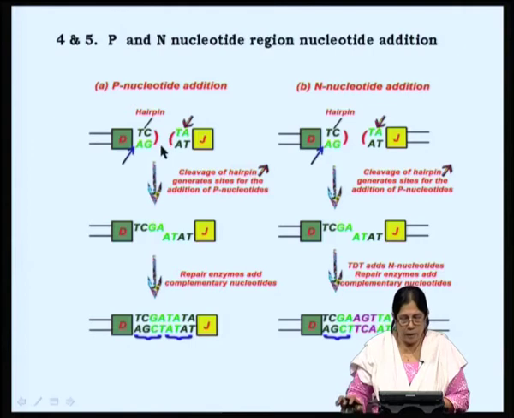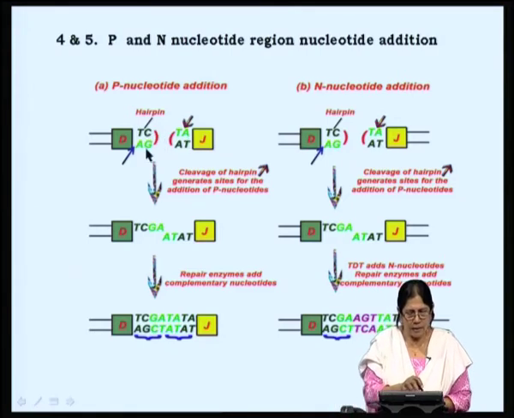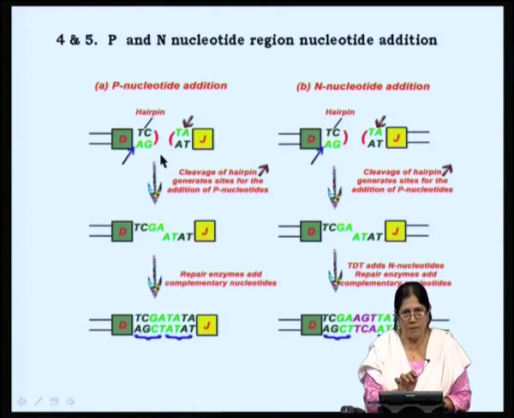Now, remember Artemis, the endonuclease, which is specific in recognizing hairpin structures. This enzyme binds to the hairpin structure and can cleave anywhere, because the cleavage is not specific with respect to the nucleotide sequence.